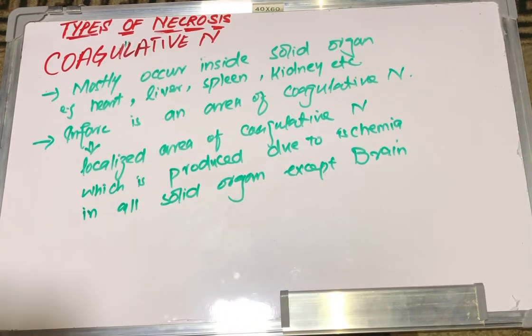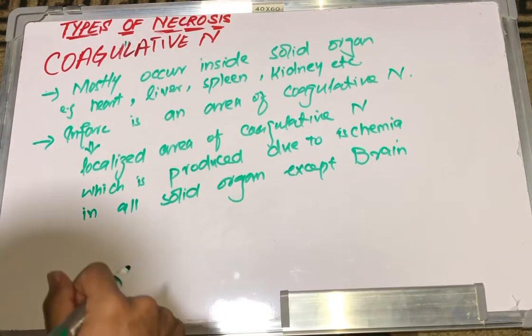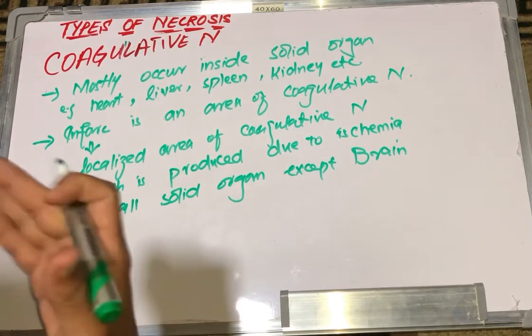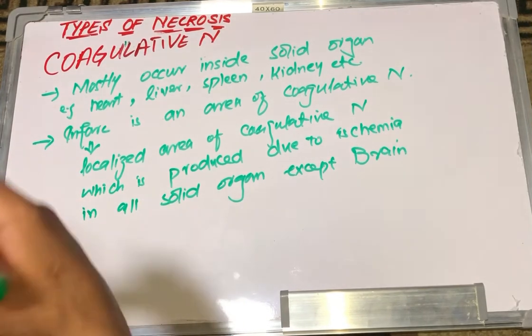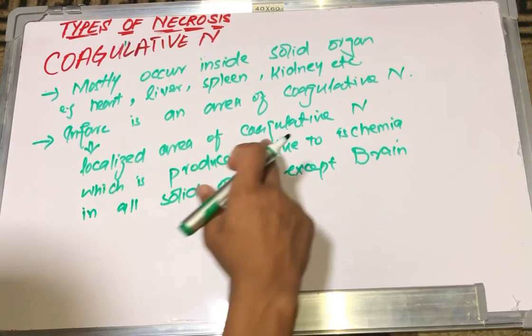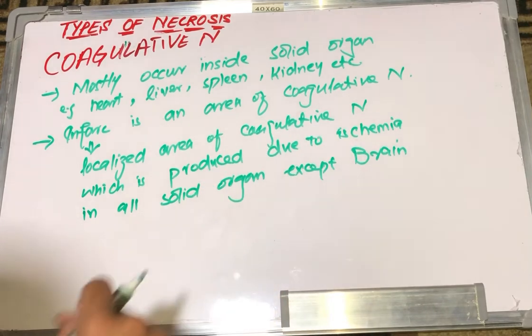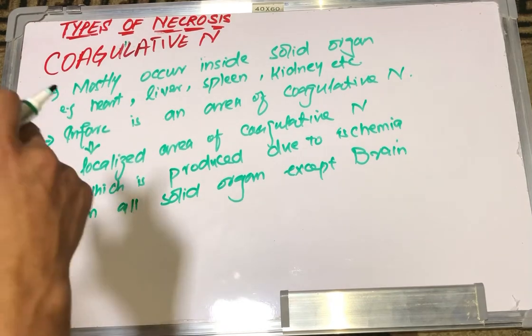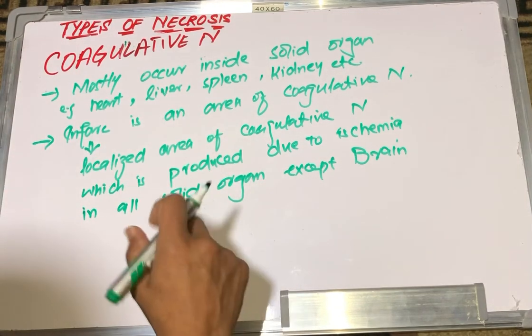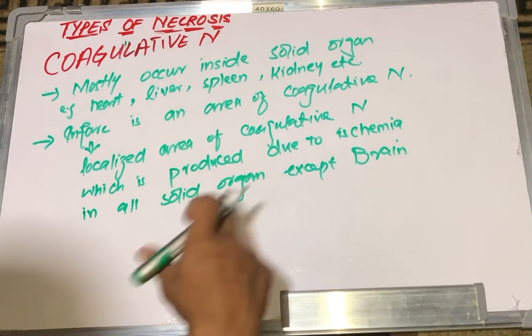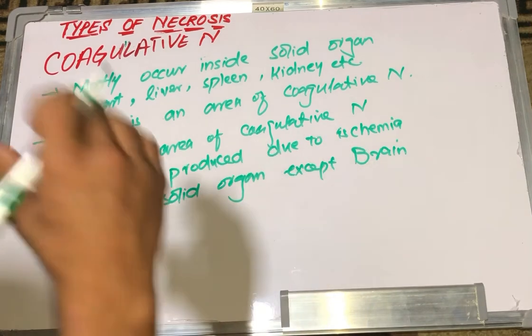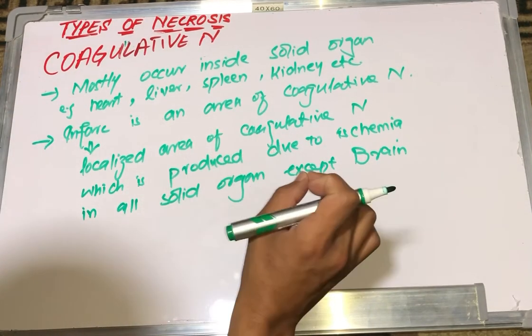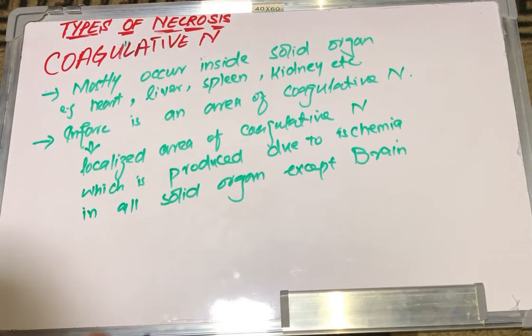So an infarct is an area of coagulative necrosis. We can say that it is a space inside the tissue, inside the organ, which is a dead space and which is produced due to ischemia with low level of blood to that solid organ, except the brain.